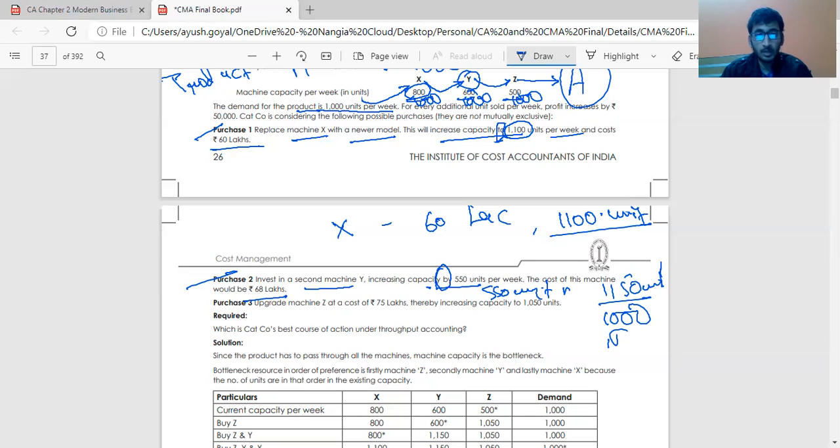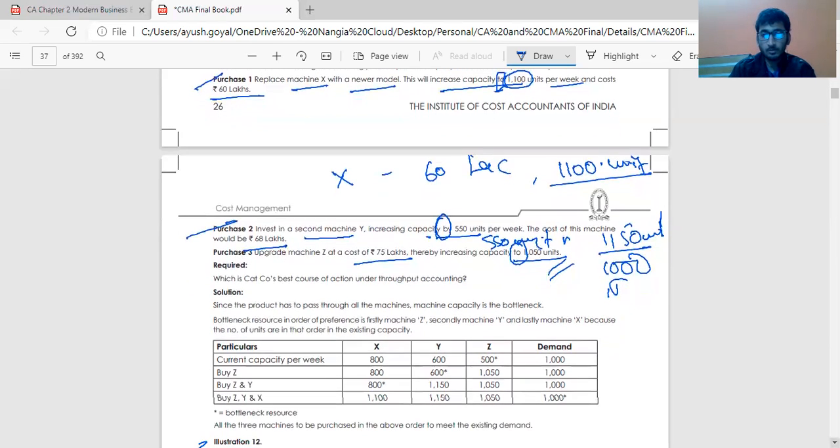For Z, if I upgrade machinery Z, it will cost me 75 lakh, and my capacity would increase to 1050. Okay, done.